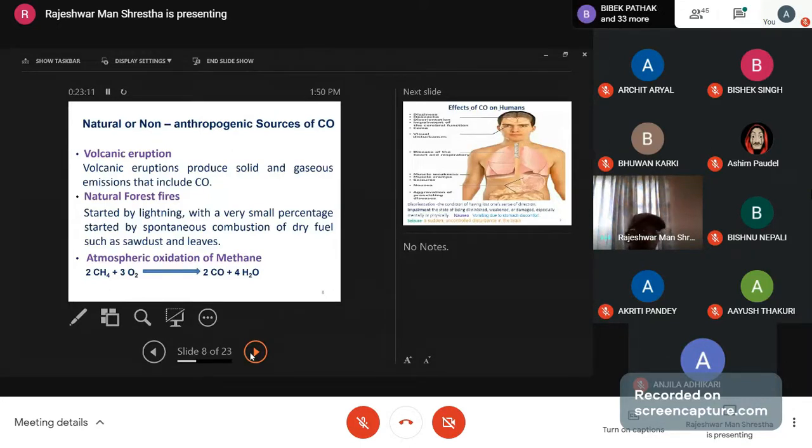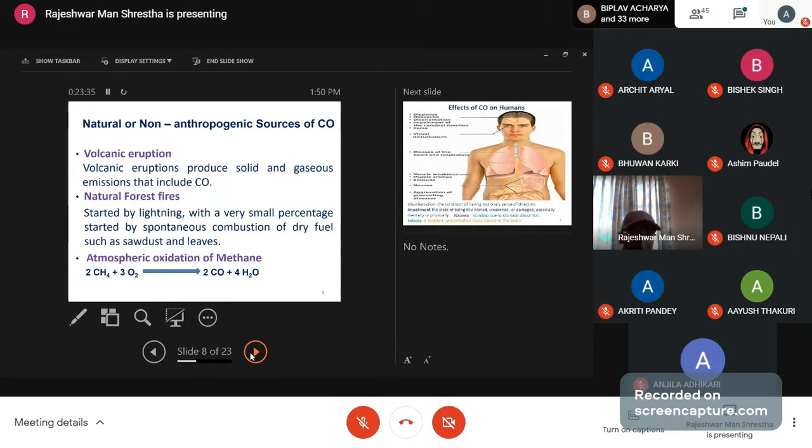And next is the atmospheric oxidation of methane. Methane is formed in moist or marshy places by decomposition of organic matter. In marshy places, a gas will be bubbling. That gas is methane gas. When that methane gas comes in contact with atmospheric oxygen, it is changed into carbon monoxide and water.